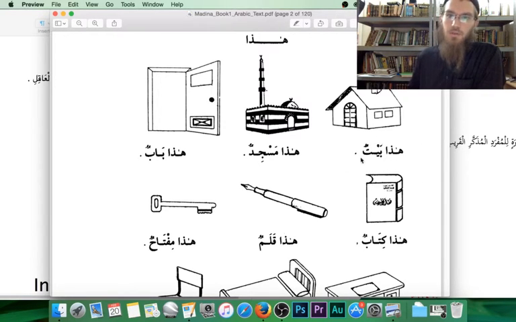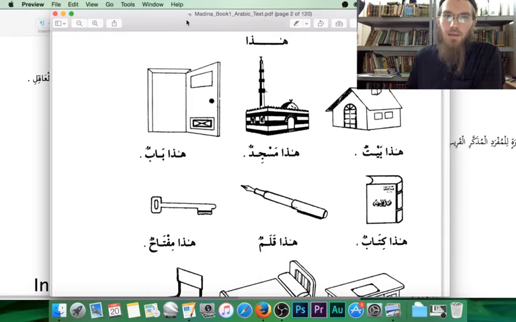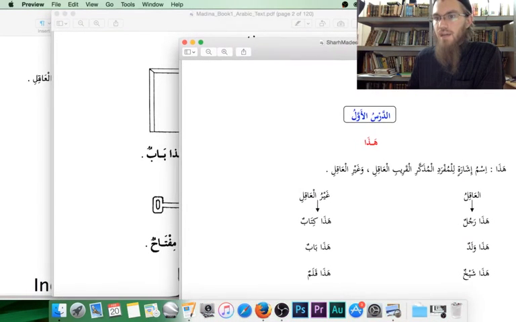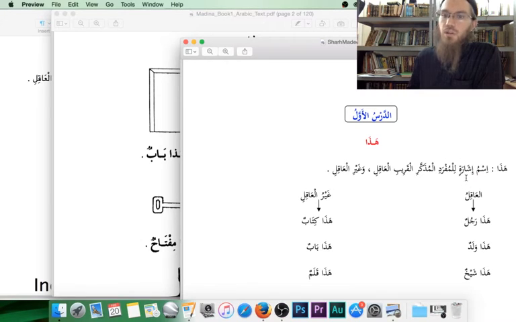Now the word hadha, as we discussed before, it can be defined as an ismu ishara lil-mufrad al-mudhakkar al-qarib al-aqil wa ghayr al-aqil. So hadha is an ism ishara, it's an ism that indicates something, and it's used to indicate things that fulfill these requirements.